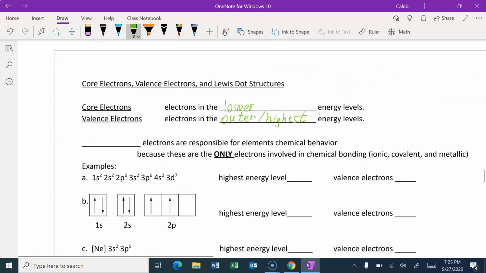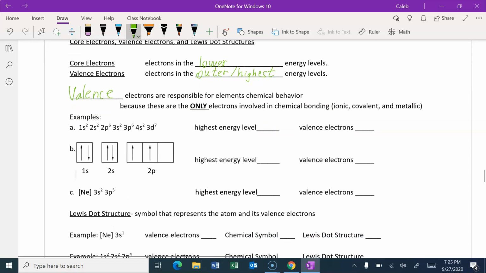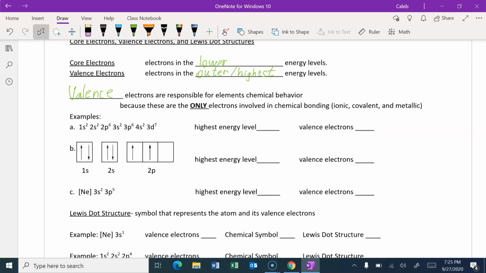The ones that are responsible for elements' behavior are valence electrons. So those are the ones we focus on mostly, because these are the only electrons involved in chemical bonding, whether it's ionic, covalent, or metallic. We have some examples here.